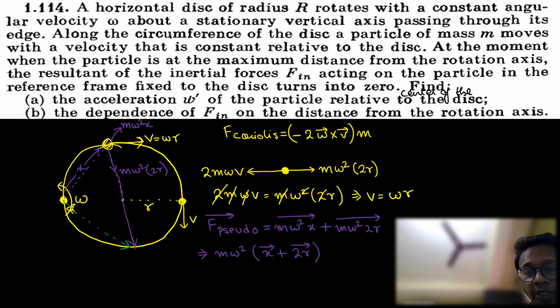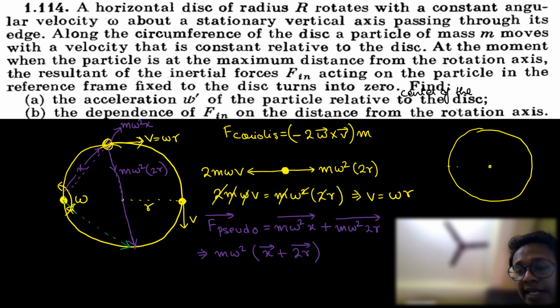Now it is a property of a circle. In mathematics there is a concept: you take any diameter and attach two lines to the circumference. Those two lines will make a 90-degree angle. It doesn't matter where you join it.